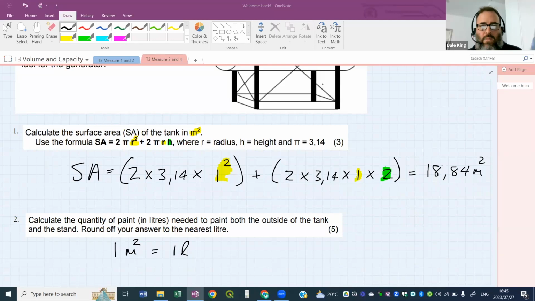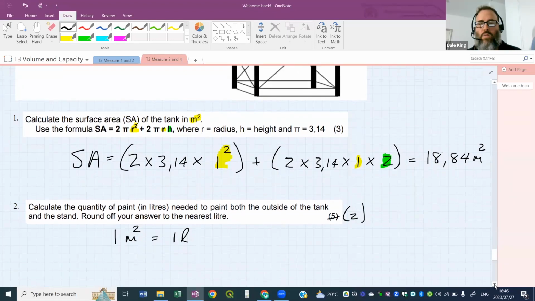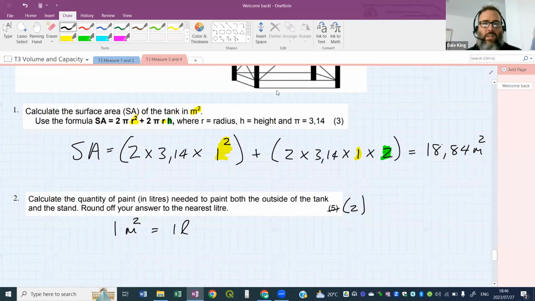So we're going to change this to a 2-mark question, a nice easy straight answer. We're just going to do the tank. If 1 square meter was 1,000, then it would be thousands of liters, but let's just go to a straight 1-to-1 conversion. I haven't got information about the stand. They should have given it in the question.